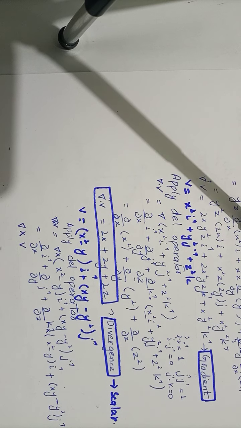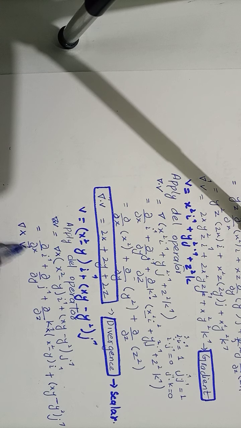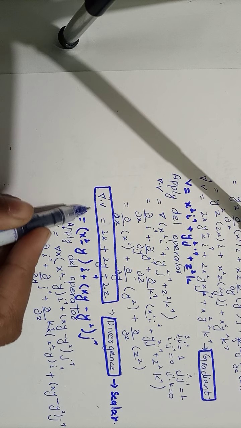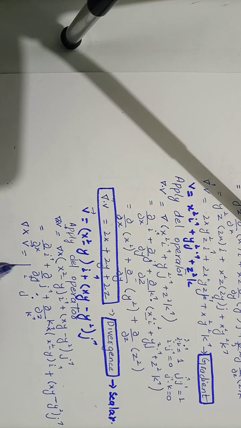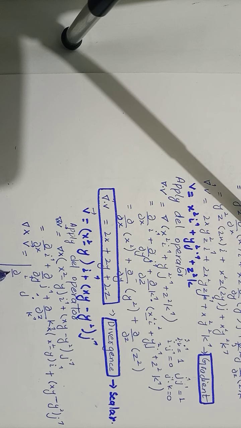According to the rule of the cross product, we write the vectors i, j, k, then partial over partial x, partial over partial y, partial over partial z.